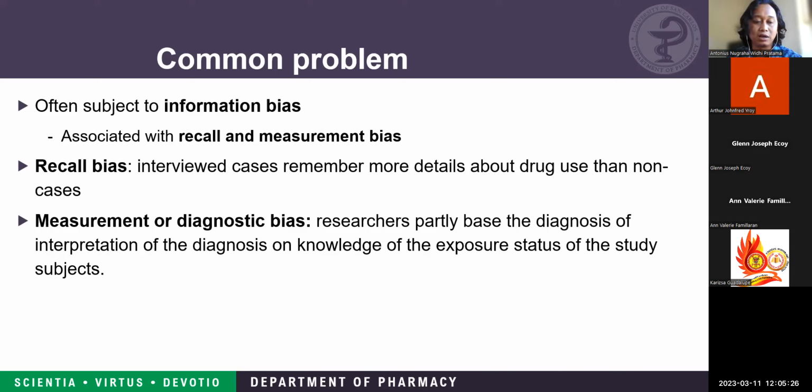If the research cannot cover this, then we can say there will be selection bias, measurement bias. That's the problem. And even if we can interview, sometimes there is also recall bias.